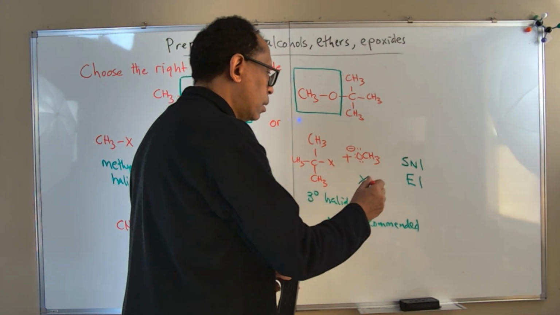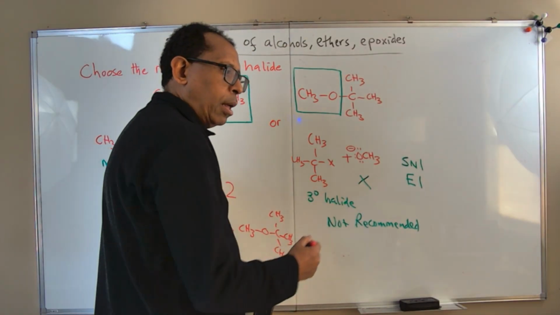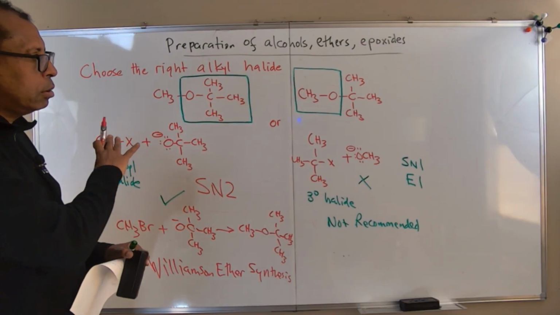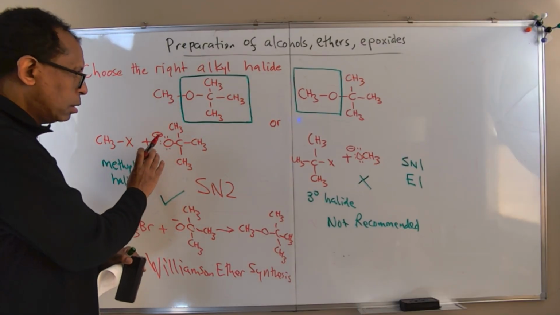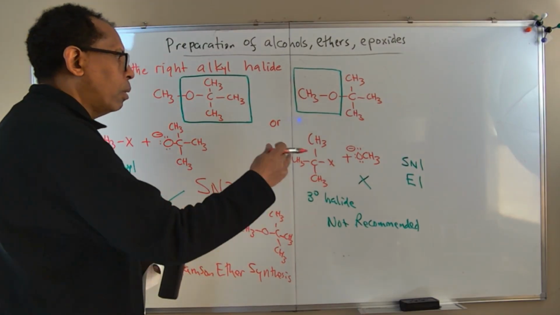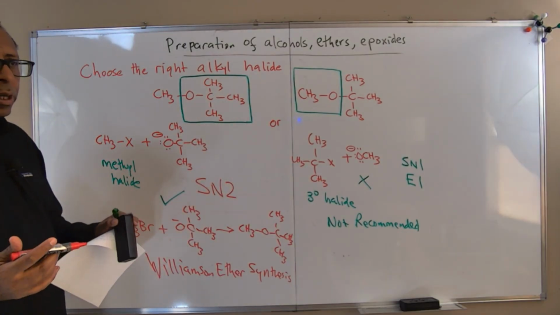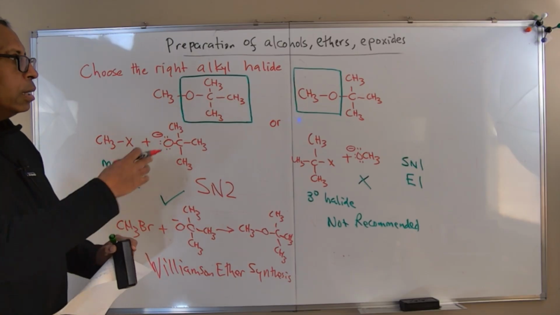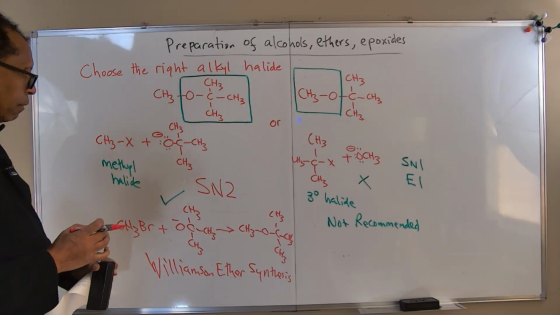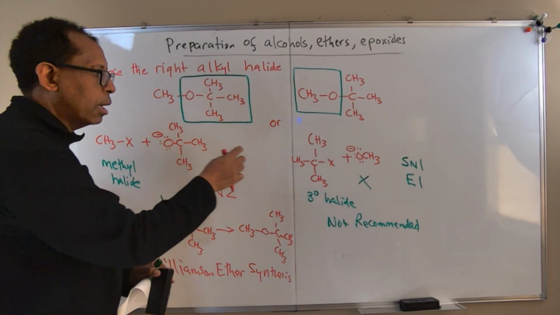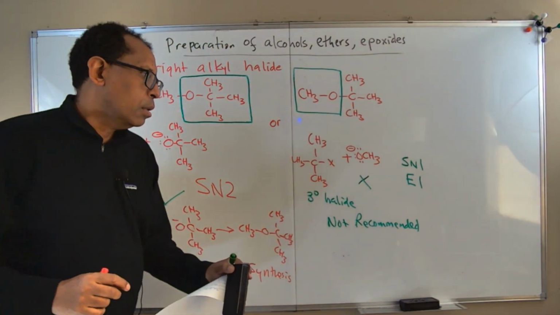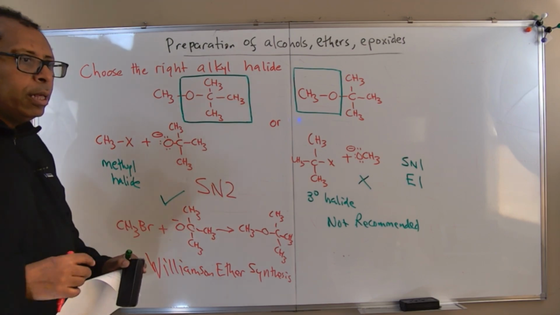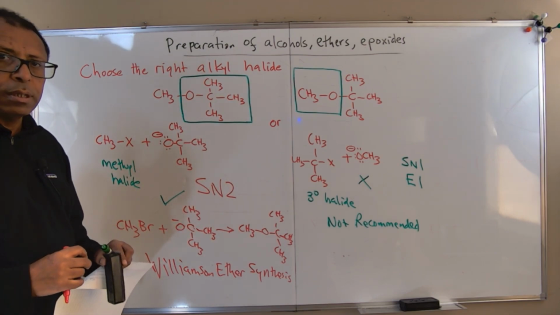So this is not good for Williamson ether synthesis. So if you are asked to choose whether this is the right way or this one, or if you are asked to design and give two counterparts for this ether synthesis, you should give this counterpart, not this one. Okay, so this is one small detail, which is a very important detail in the Williamson ether synthesis.